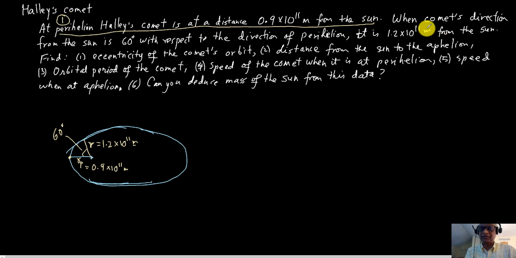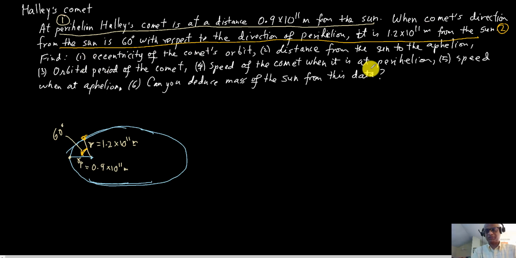Another data point is when it's at 60 degrees over here, that angle, how far away from the sun it is. So these are two observations we're going to make, and from these two observations I will be able to answer all of these questions based on what we have derived using Newton's laws of motion applied to gravity.